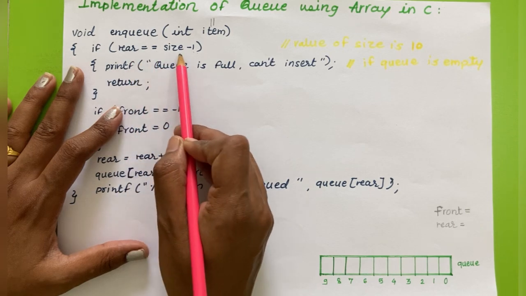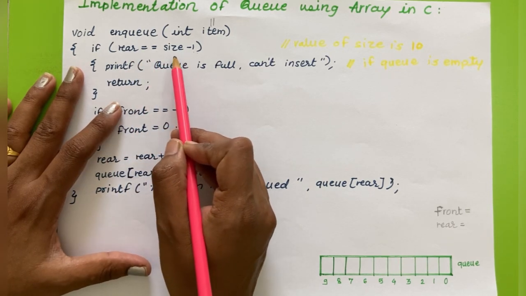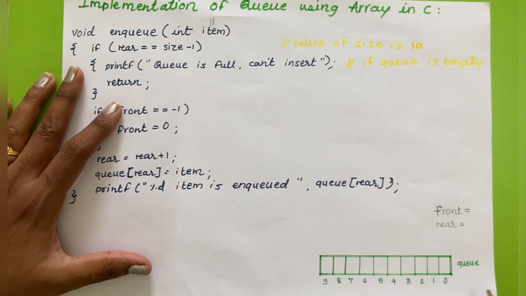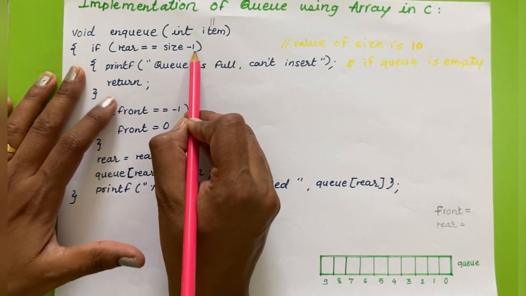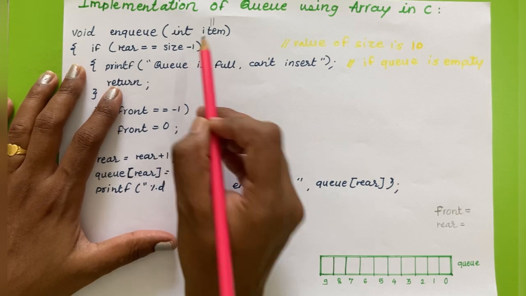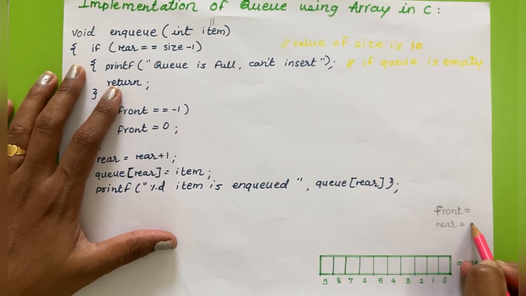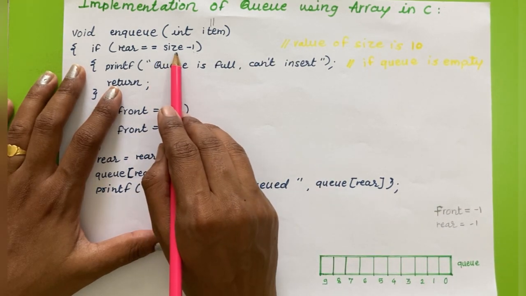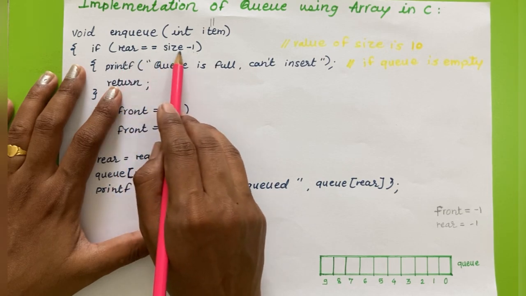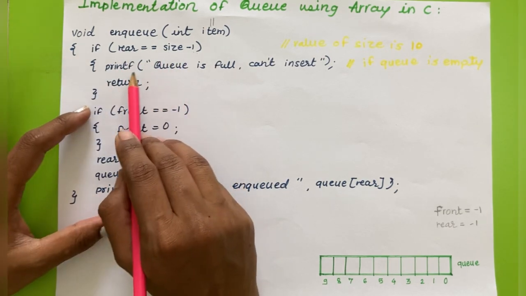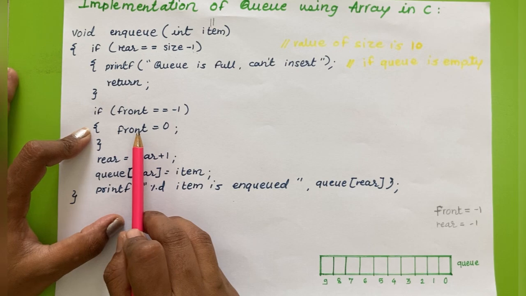If that condition is true, then the queue is full. So now our value of rear is -1, front is -1, and the value of size is 10. So 10 - 1 means 9. So this condition is not satisfied, so it will go to the next condition.